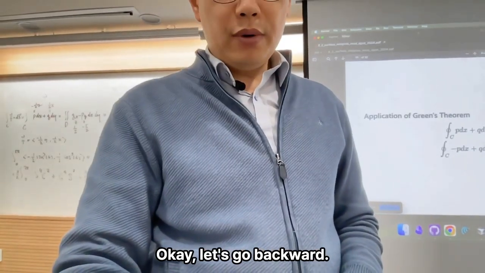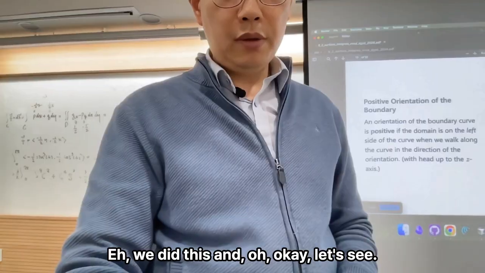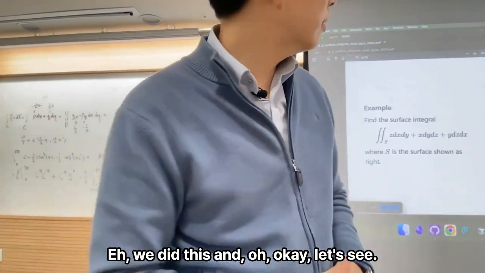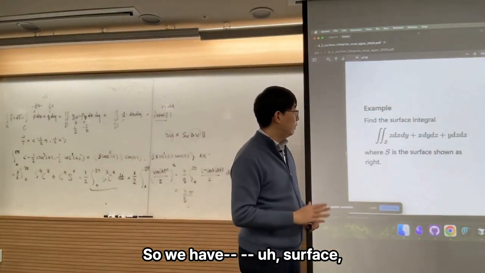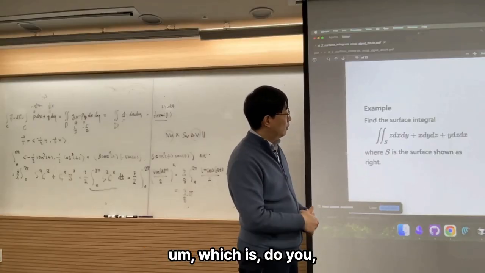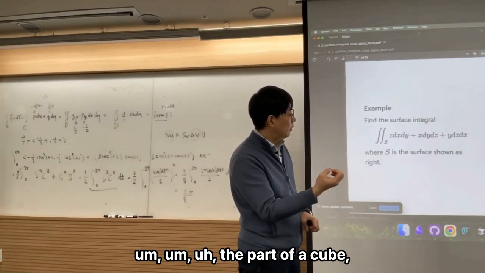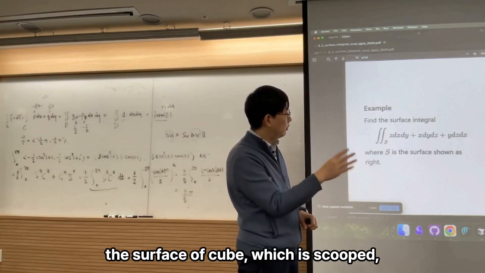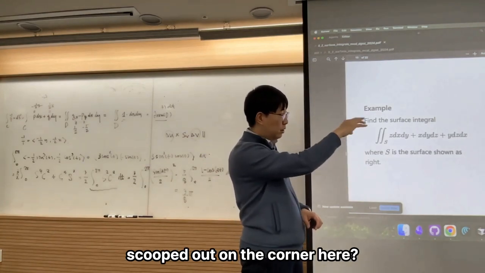Okay, let's go backward and see which one is interesting. We did this, and okay, let's look at this one. We have a surface, and do you see this is kind of part of a cube, the surface of a cube, which is scooped out on the corner here.